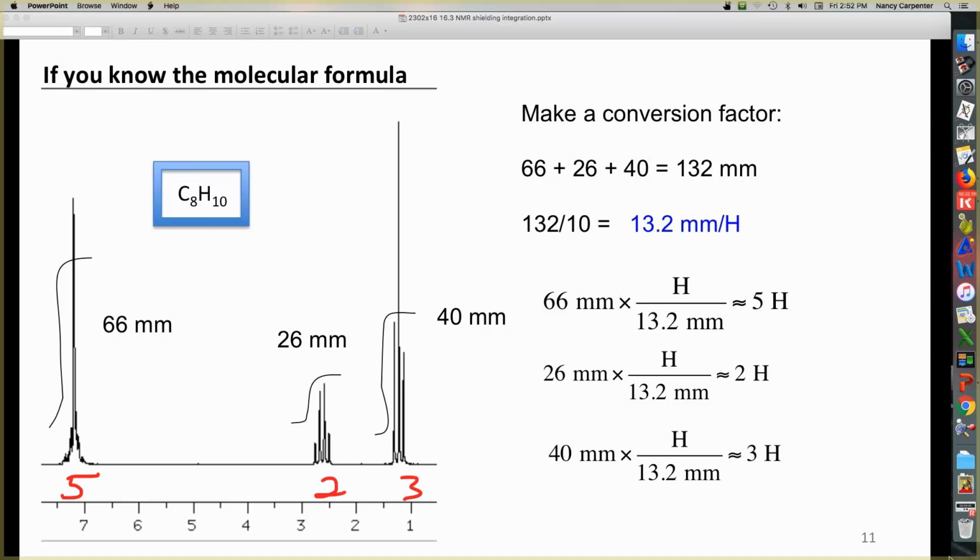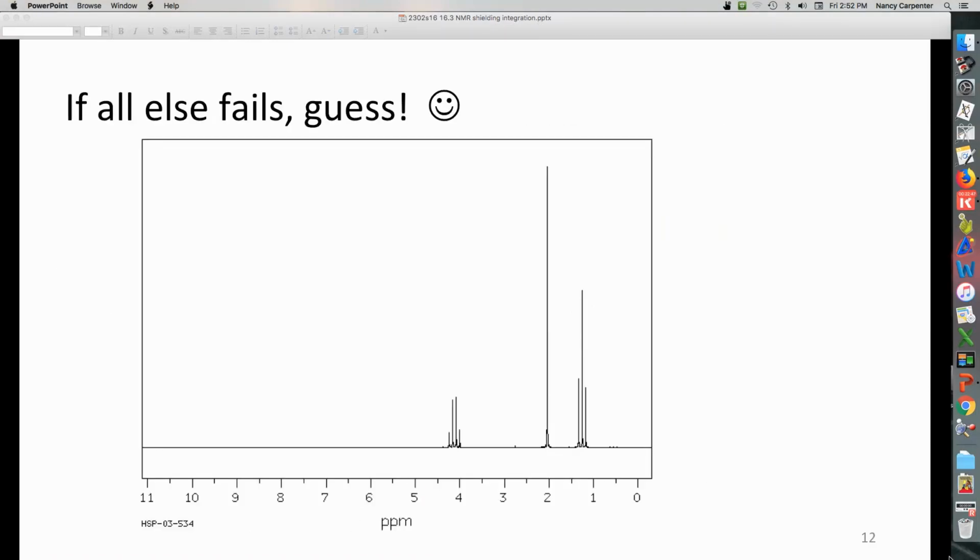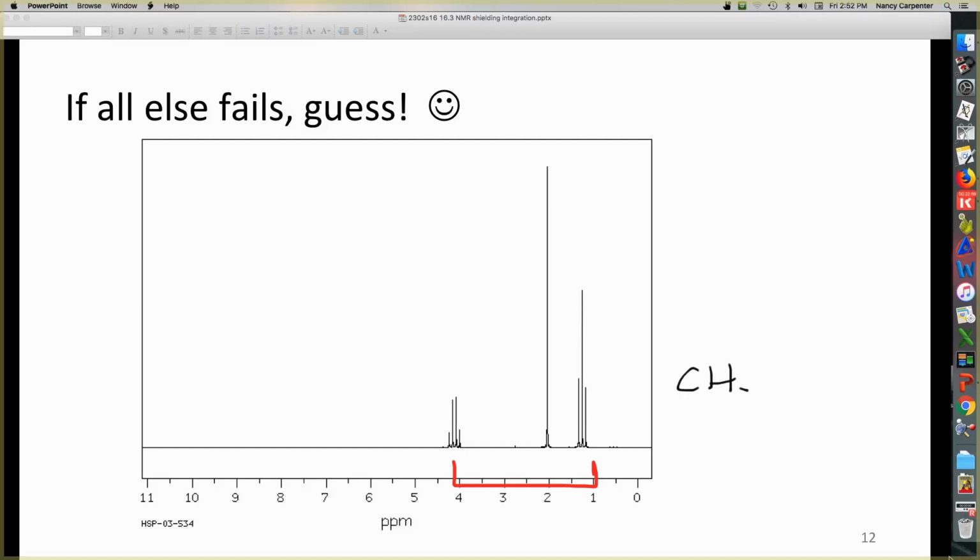Yay! And last but not least, when you get to be a whiz at NMR, you will start to recognize patterns. And that's, as I said, we'll get to splitting later. But basically, when you get to be an old hand at NMR, you'll recognize that this kind of pattern, a triplet and a quartet, is, as we like to say, bells and whistles for an ethyl group.